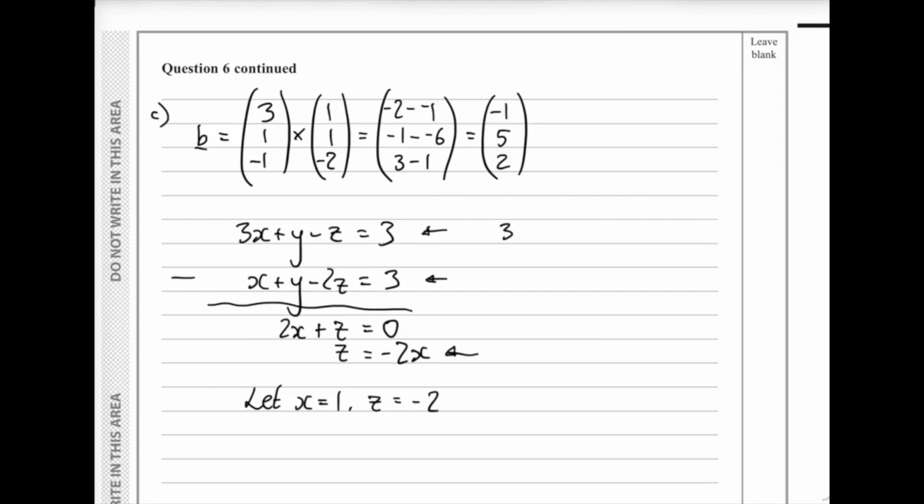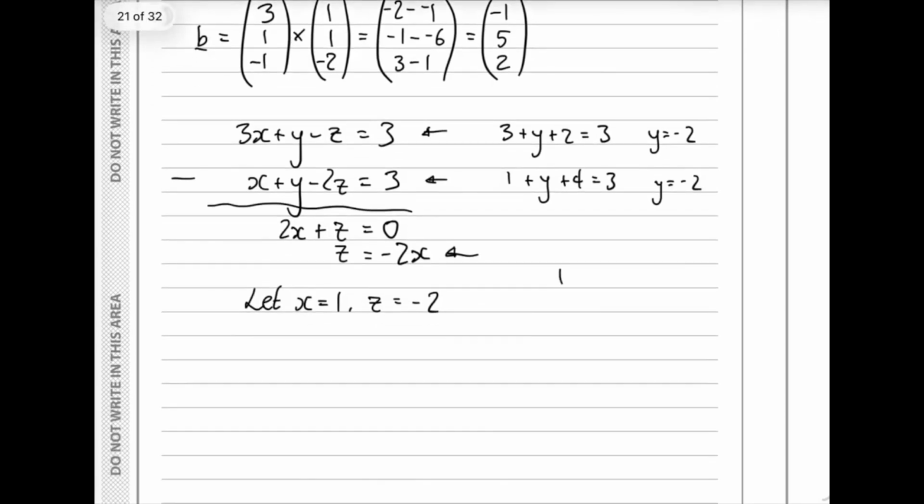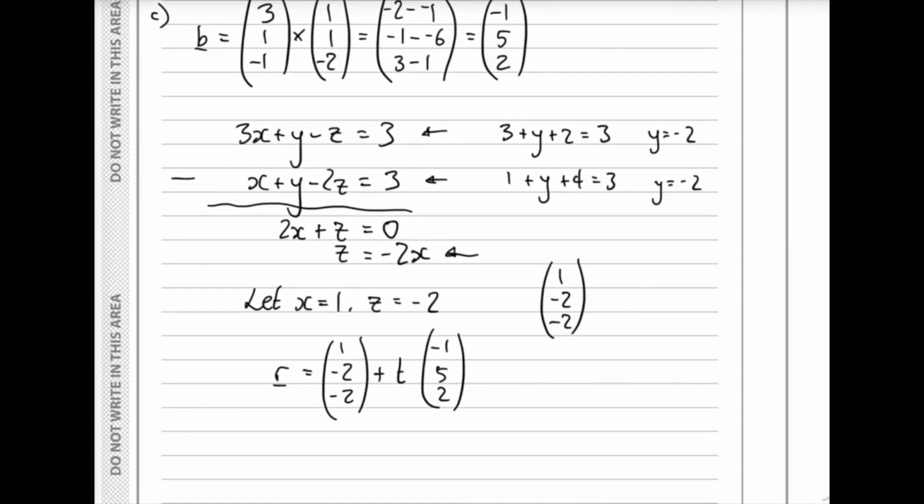Here that gives 3 plus y plus 2 equals 3, so y must be minus 2. In the second one it will give 1 plus y plus 4 equals 3, and y is still minus 2. So this will work. The point I'm going to use is 1, minus 2, minus 2. Together with the direction vector, the equation of our line of intersection is 1, minus 2, minus 2 plus some parameter of minus 1, 5, 2.